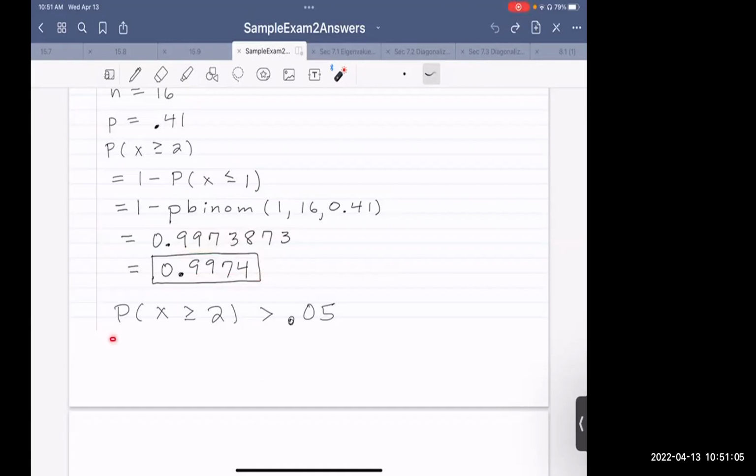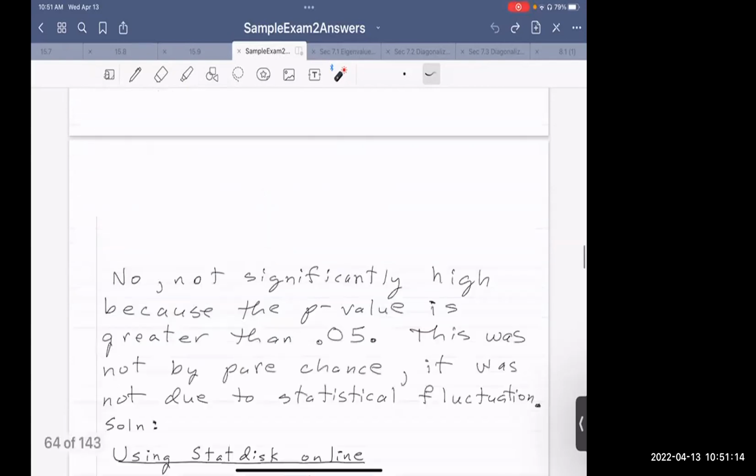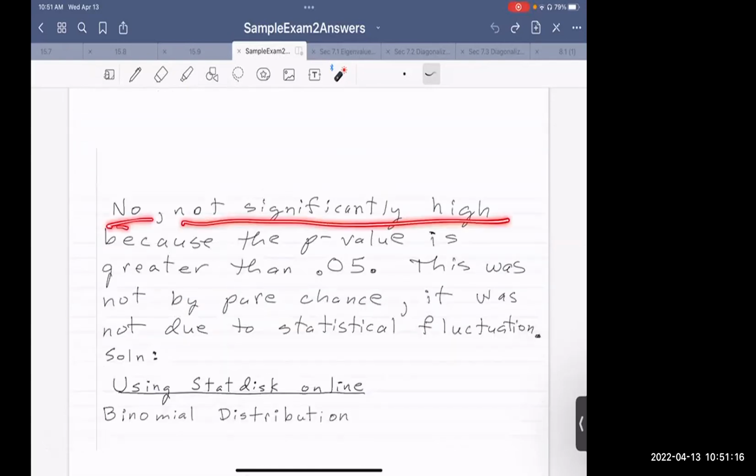And so the probability that X is greater than or equal to 2 is greater than 0.05. So no, it is not significantly high because the p-value is greater than 0.05. This was not by pure chance. It was not due to statistical fluctuation.